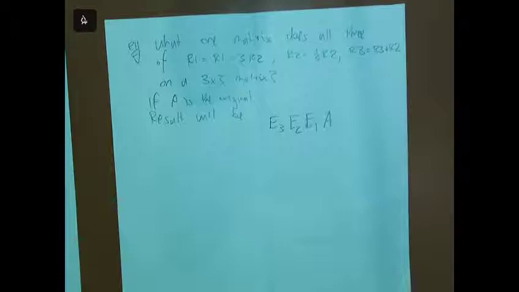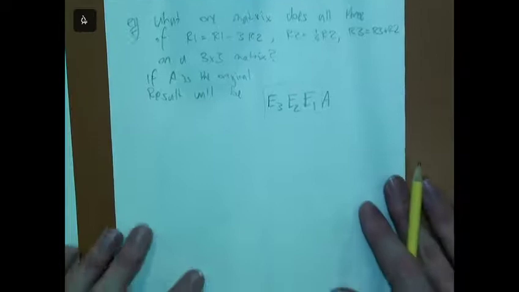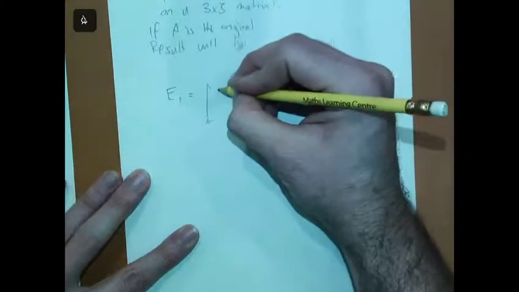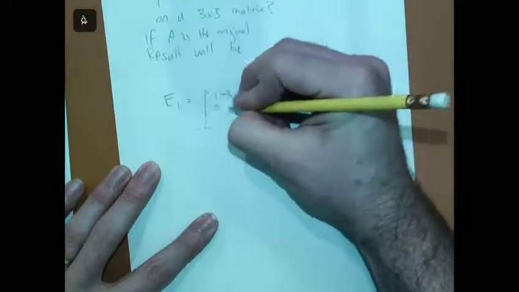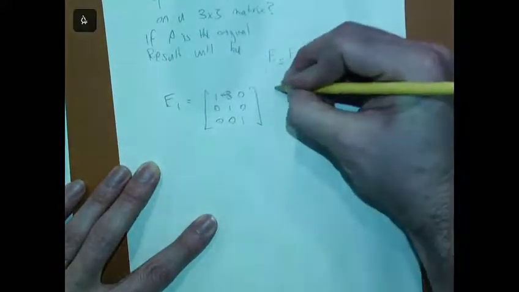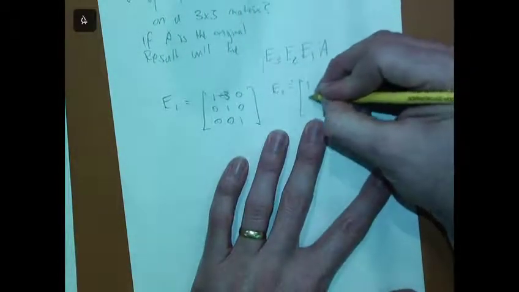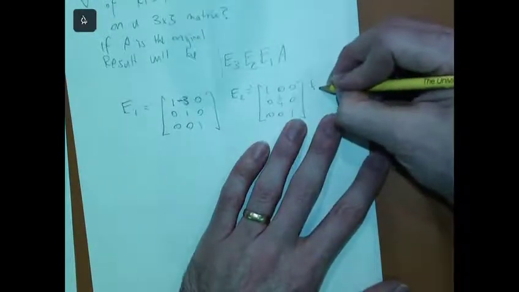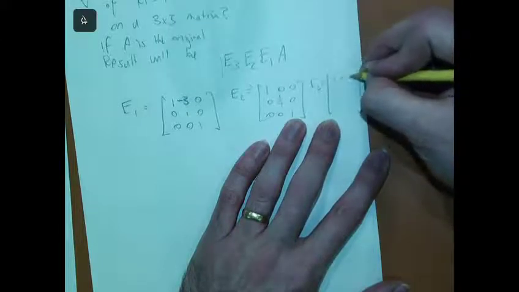And so the one matrix that does all 3 of them at once is this matrix. So E1 will be row 1 minus 3 of row 2. And E2 will be a quarter of row 2. And E3 will be row 3 plus row 2.